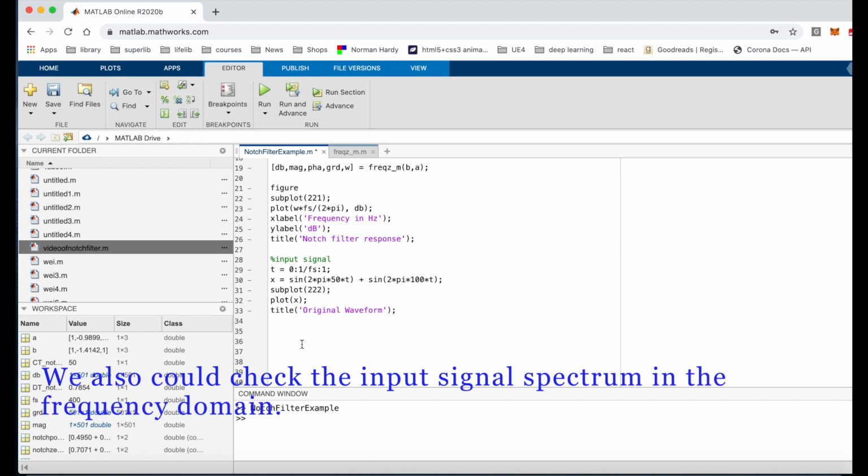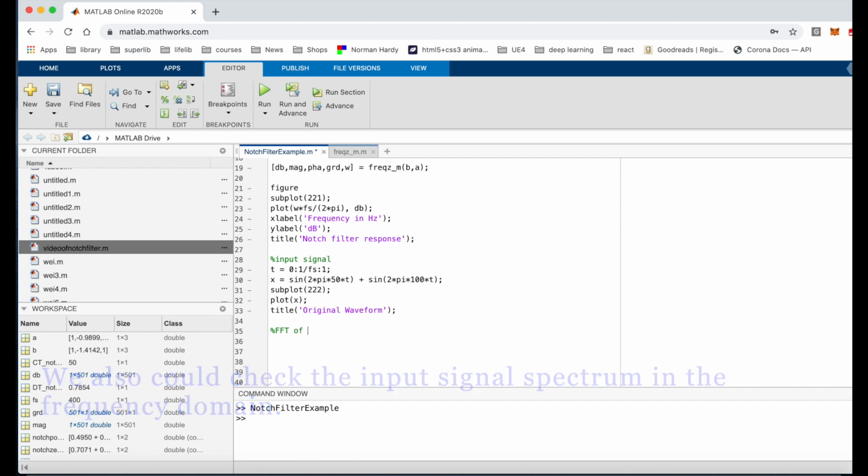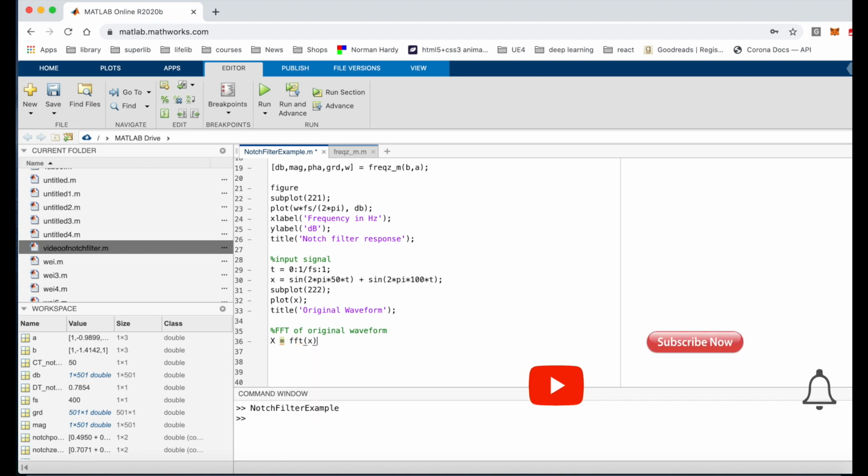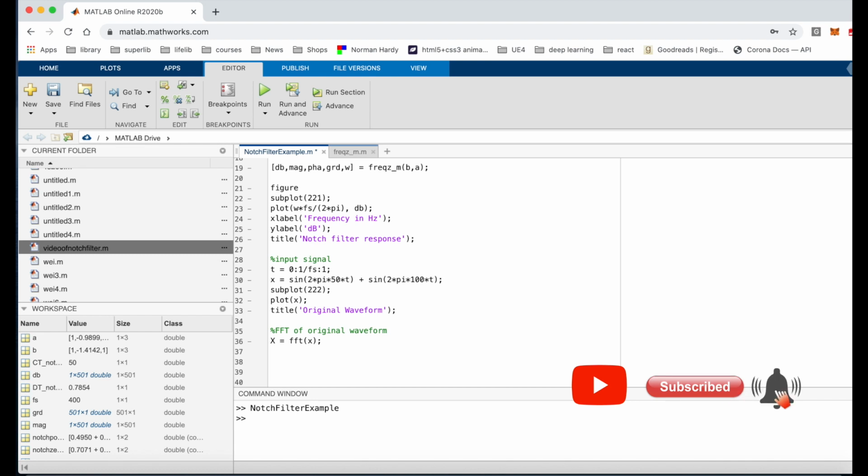We also could check the input signal spectrum in the frequency domain, so we need to use the FFT to do the transformation. Capital X equal FFT of x in the time domain. When we plot the FFT, we could use the absolute value.